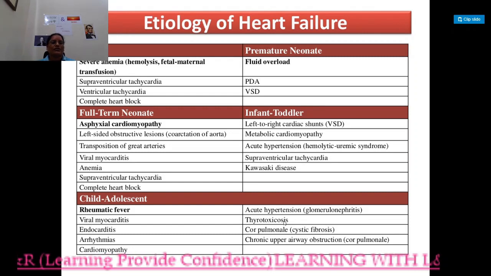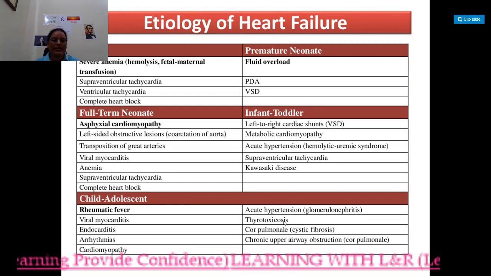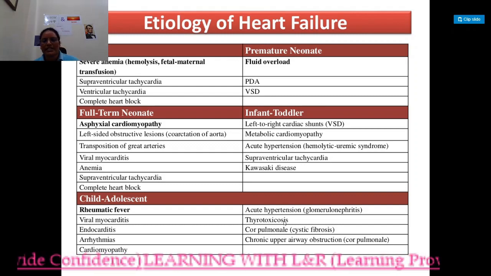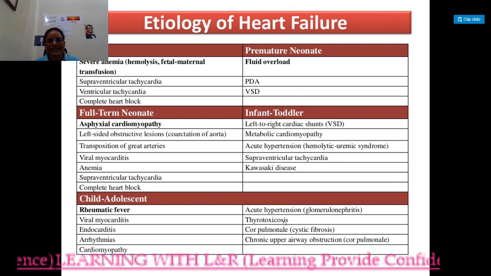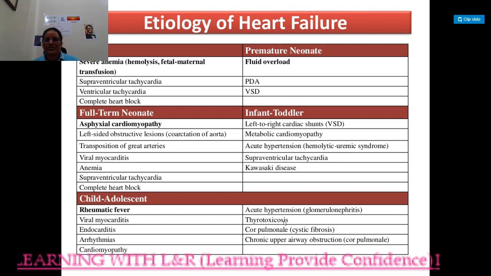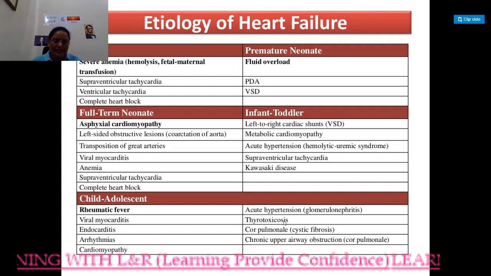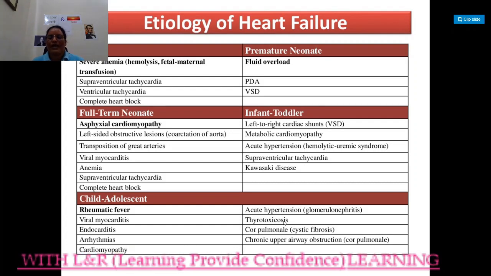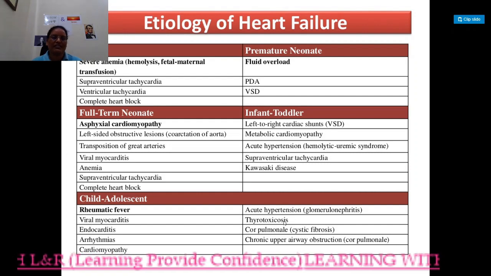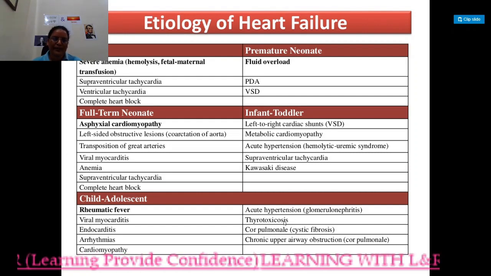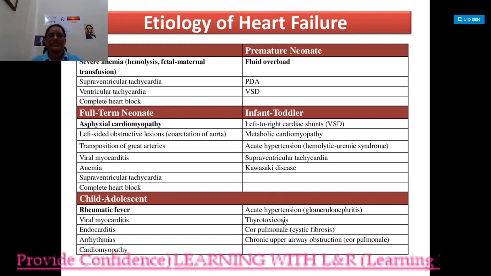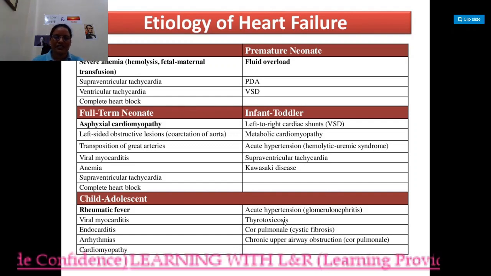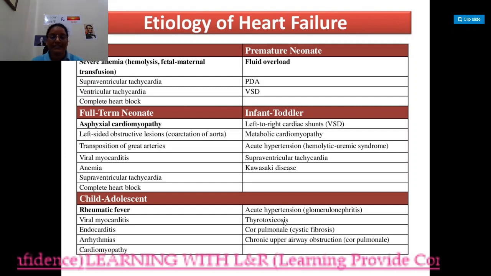Then child to adolescent: rheumatic fever, viral myocarditis, endocarditis, arrhythmias, cardiomyopathy, acute hypertension, thyrotoxicosis, cor pulmonale, chronic upper airway obstruction. It means a child suffering from any kind of congenital heart disease may or may not be suffering from congestive heart failure, depending on the severity of the congenital disease.